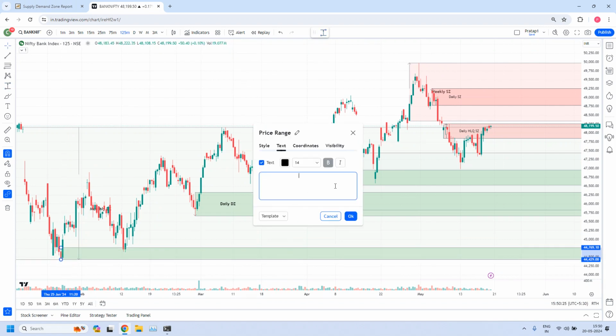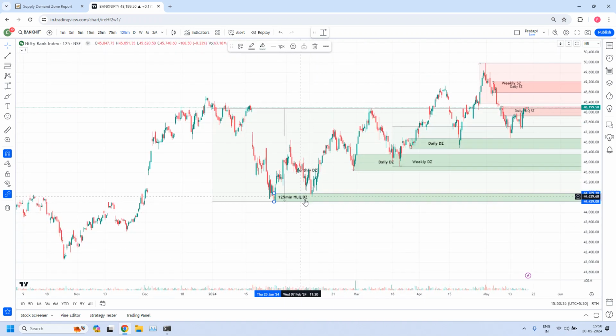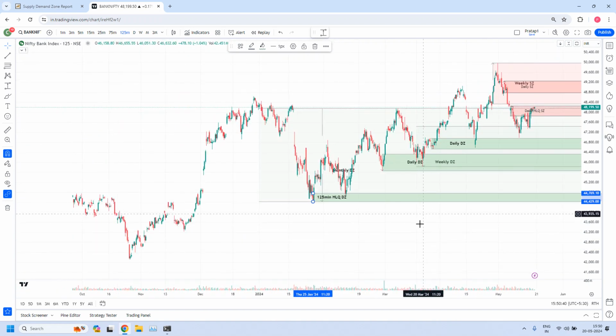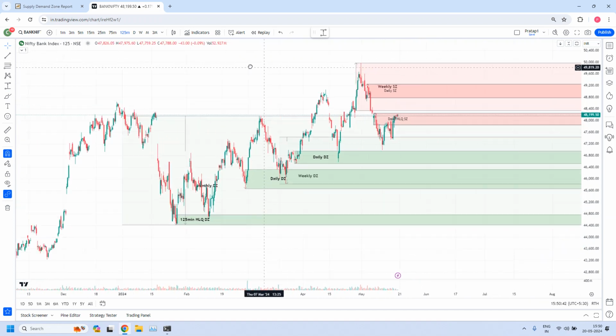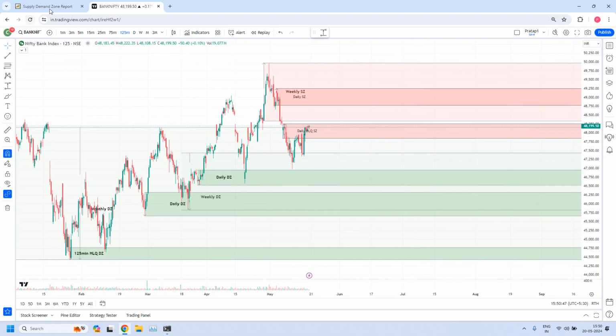This is the 125 minutes high liquidity demand zone. If this 125 minutes high liquidity demand zone is violated, it means this entire monthly zone will be violated. Okay, this is the only one.